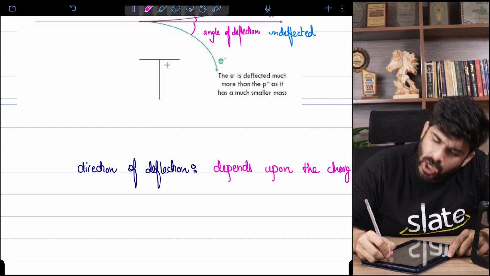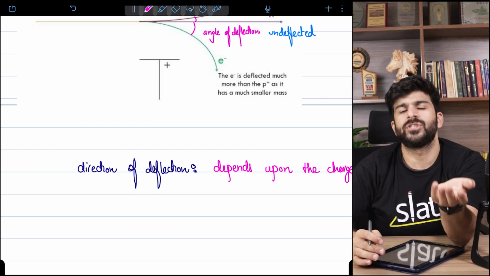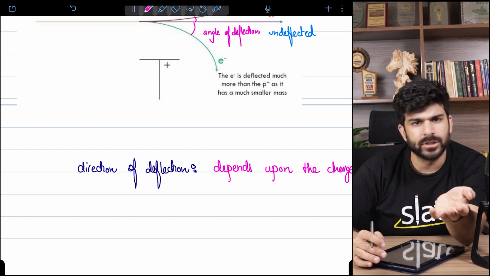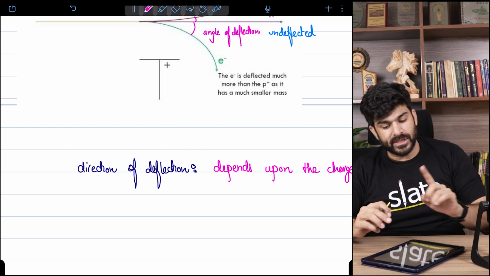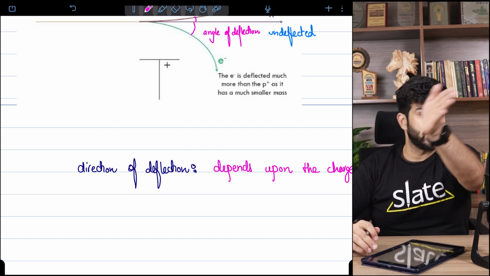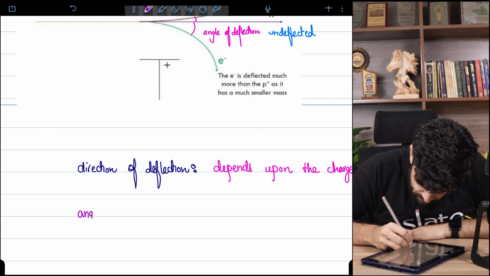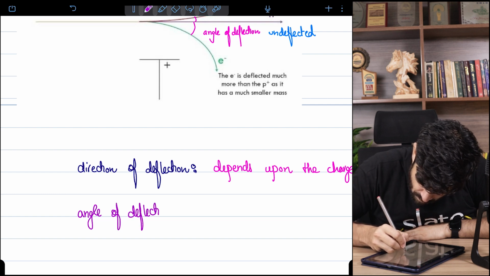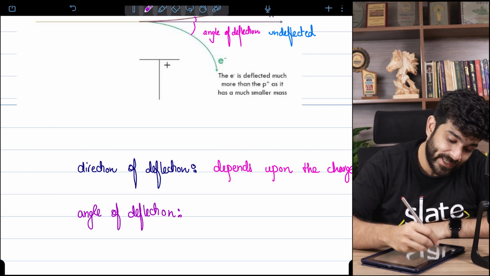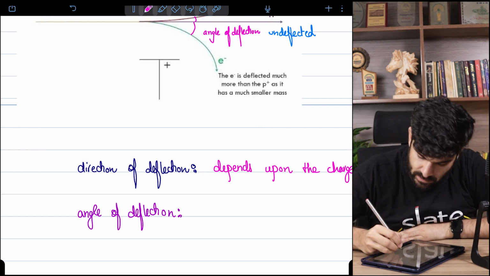If it's positively charged, it will go towards the negative. Unlike charges attract each other. Like charges repel each other. Same concept. So the direction of deflection is dependent on the charge. And the angle of deflection, my students, is dependent on mass.